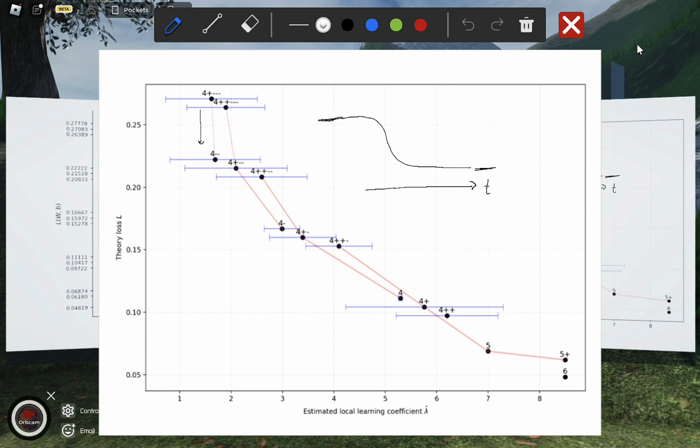So of course that's expected. The fact that they go to the right corresponds to this kind of behavior of the local learning coefficient. So this picture is an indication of this stepwise behavior, or at least the sort of opposing directions, decreasing loss, increasing lambda hat in dynamical transitions, which we understand is a basic feature of Bayesian transitions.